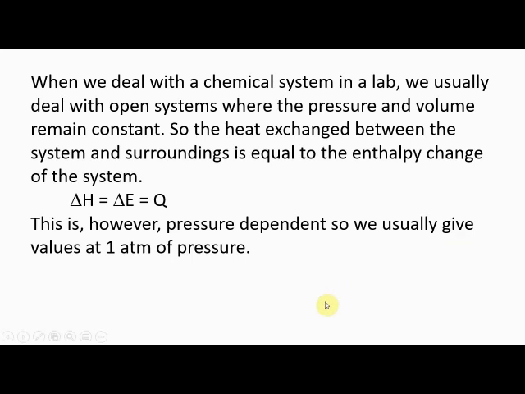And so we usually standardize things to 1 atmosphere of pressure and volume to 1 liter or something like that. Usually the tables will tell you what those standard conditions are.